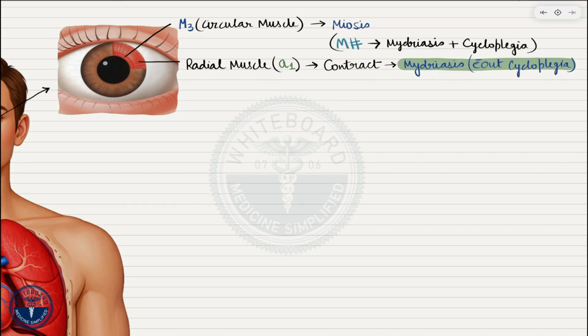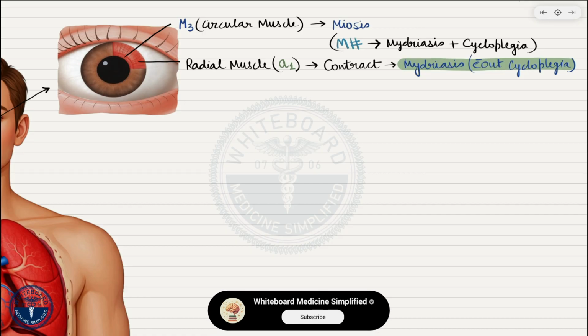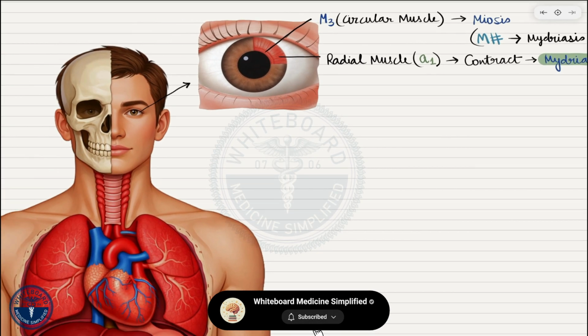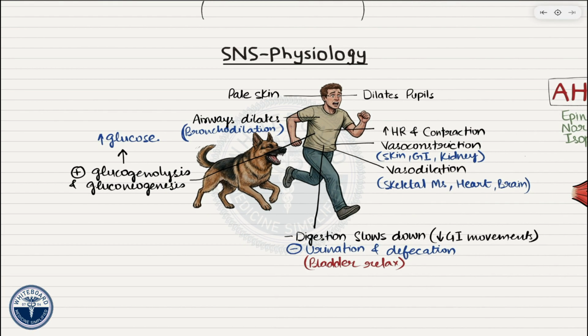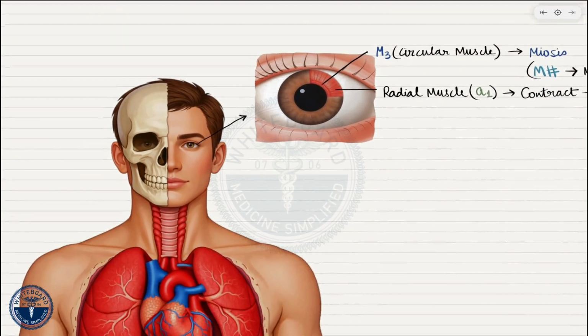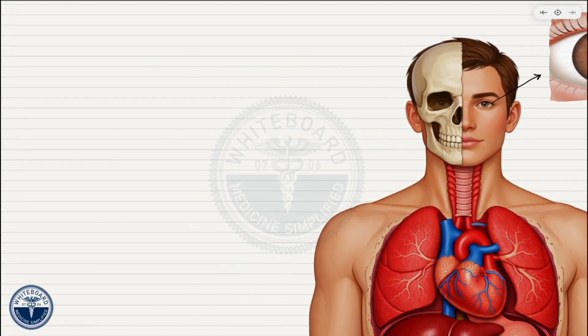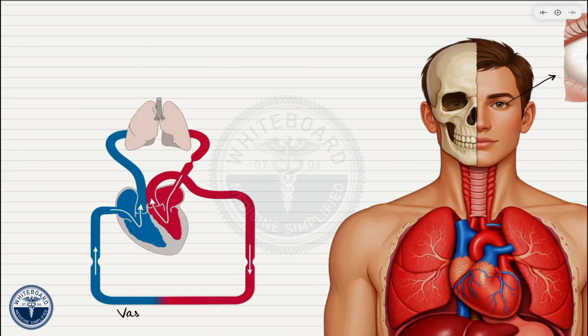To better understand this concept, you can go back and review our lecture on muscarinic receptors. And if we go back to our big picture, we can see during a fight or flight response, the pupils dilate to allow more light to enter the eyes, helping the person see better and react more quickly to the threat. Another important site where alpha-1 receptors are found is the vascular smooth muscle of arterioles and veins.